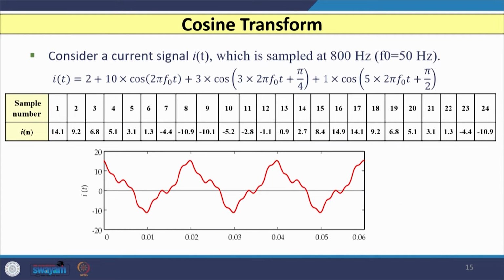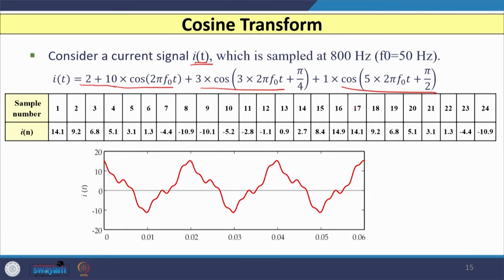Now, to understand this cosine transform in a better way, let us consider a current signal i(t), which is given by some DC value, some fundamental component, and some harmonic components, and let us say this signal is sampled at 800 hertz sampling frequency with a fundamental frequency of 50 hertz. Here I have shown you the number of samples.